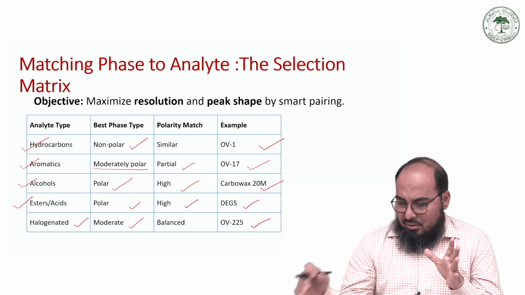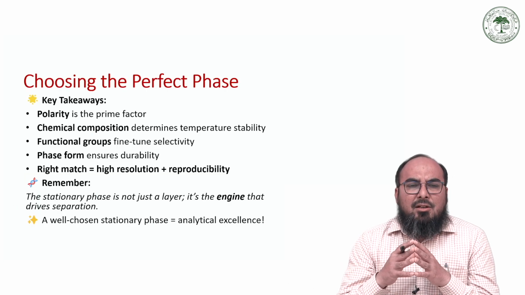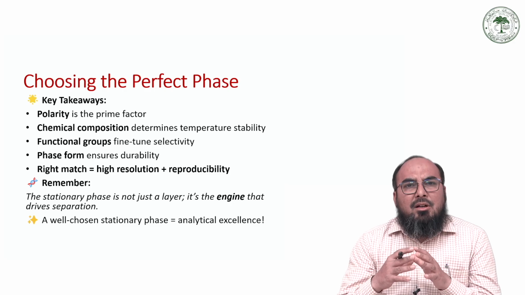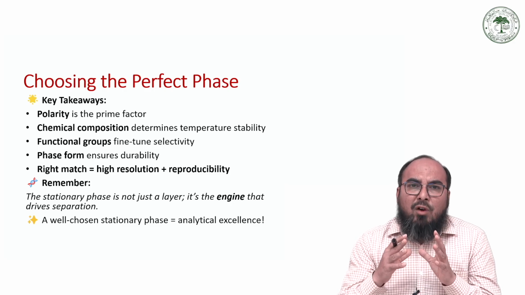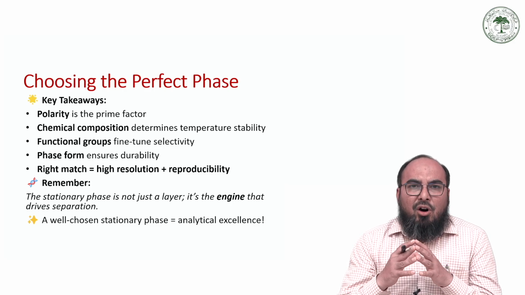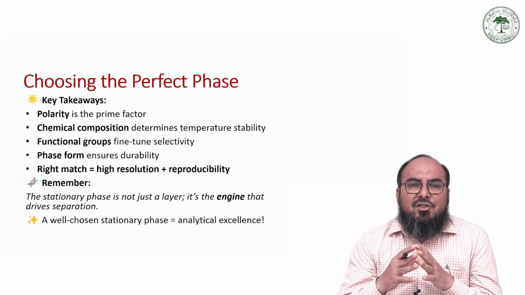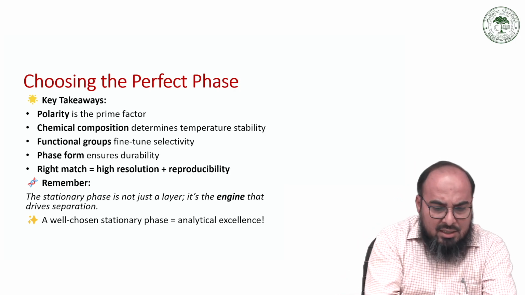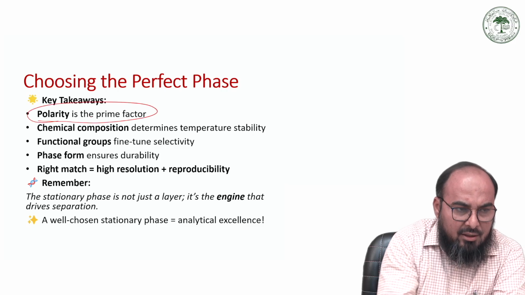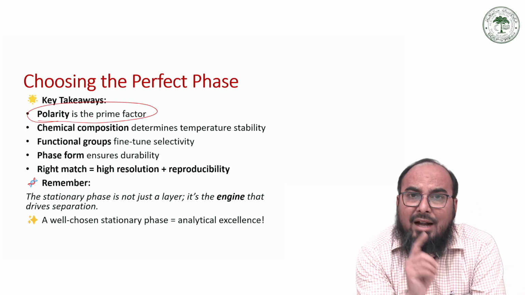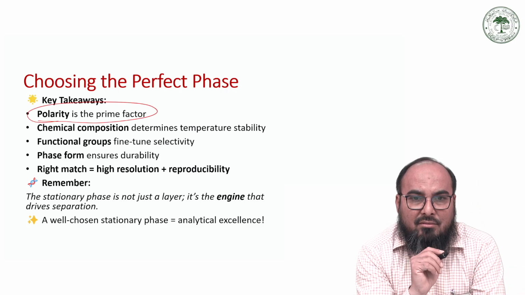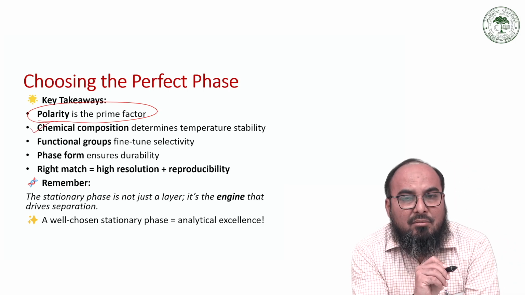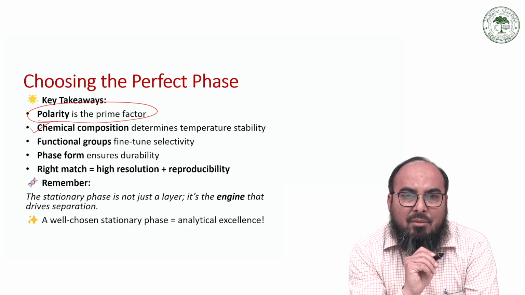Okay. What are the summary points from all this discussion? The most vital point of effective separation through any gas chromatographic column is the polarity. Polarity is the prime factor, the most important one. Similarly, the chemical composition, because it determines the stability, thermal stability also.